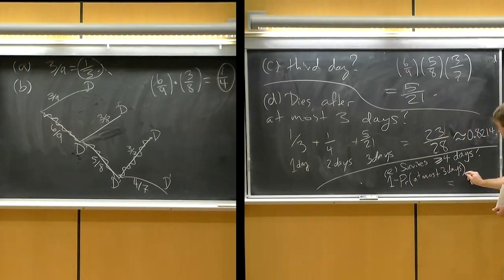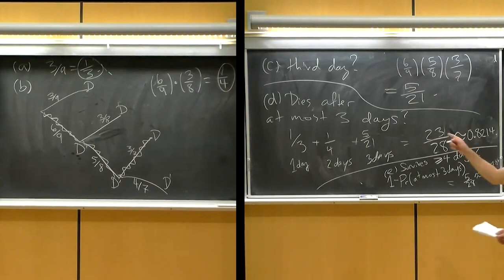So it's 5/28, or about 0.1786. So apologies, that's not very visible, but we just take this previous answer and we subtract it from 1, right? Because surviving at least 4 days is the opposite of dying in less than or equal to 3 days.